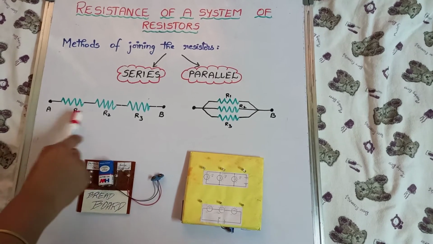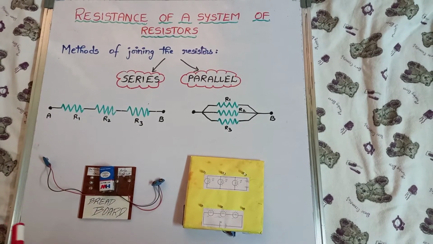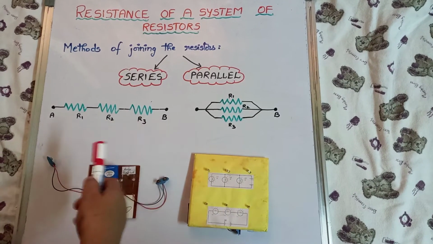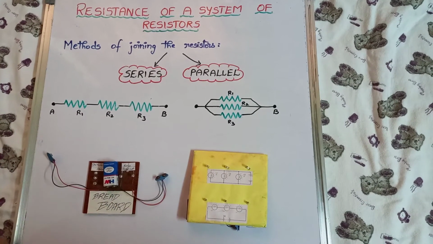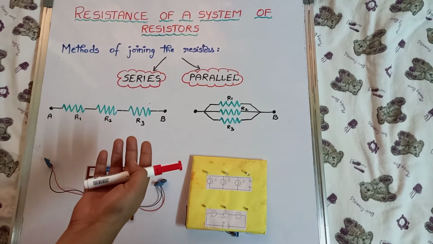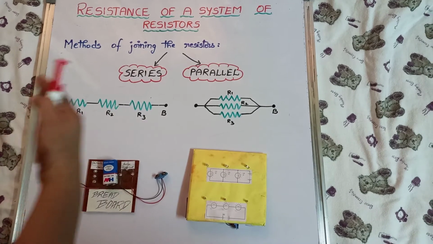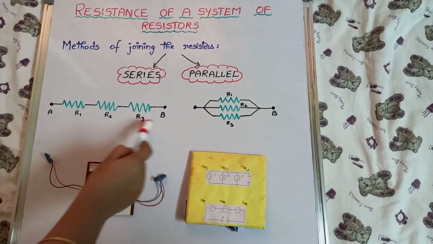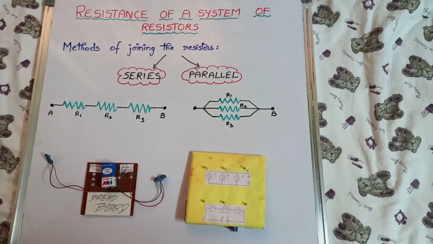So this is called a series combination. For example, if you ask three children to stand in a straight line and hold hands, the right hand of one person will be held by the left hand of another person and all three will be standing in a straight line. So this combination is called series combination.